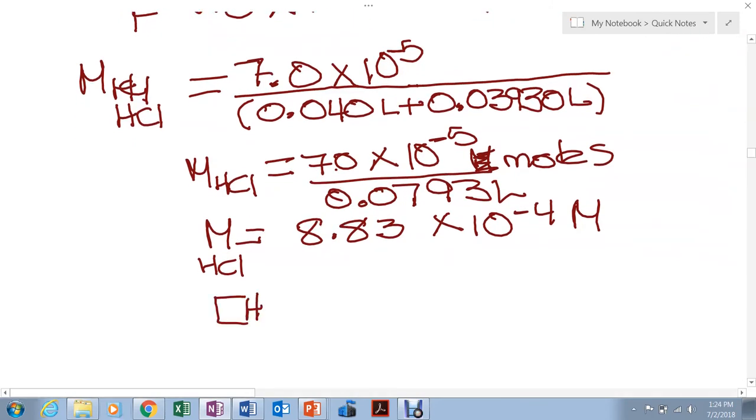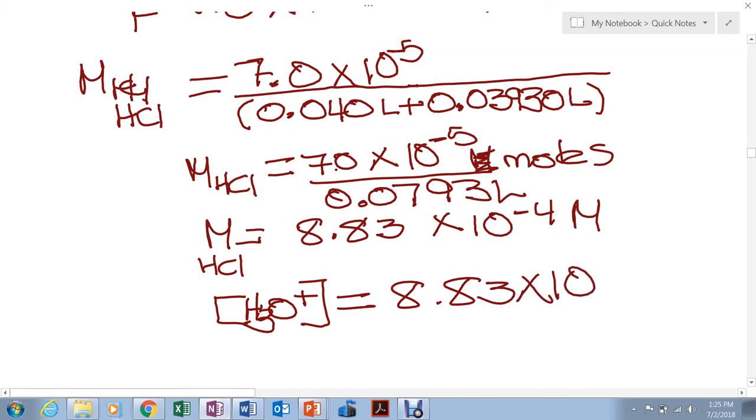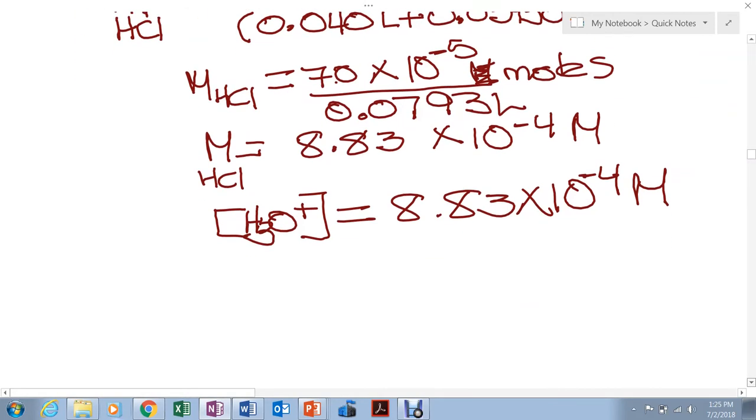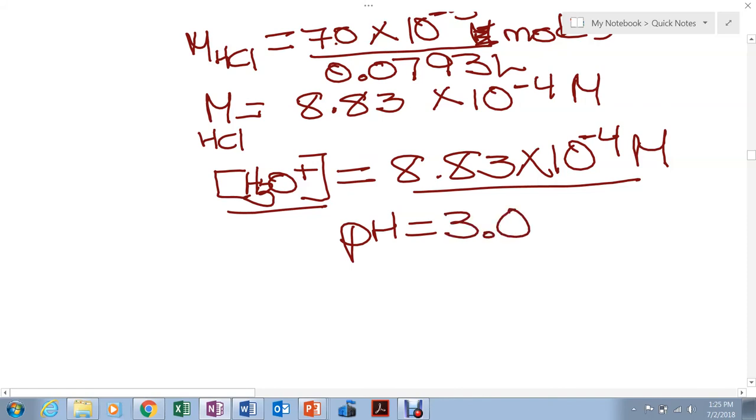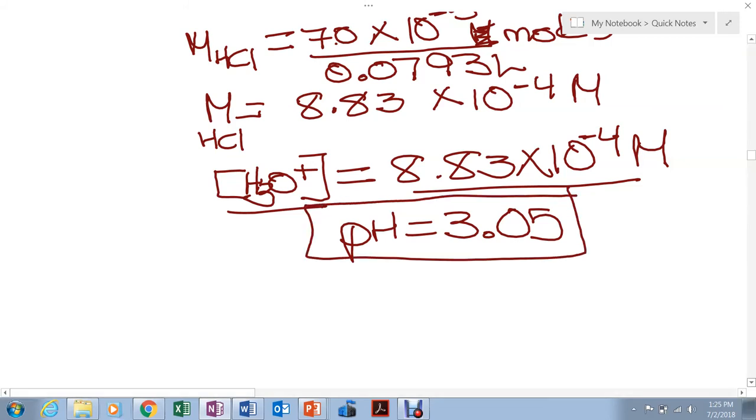And from there we calculate the pH: 8.83 times 10 to the negative 4 M. I'm guessing you already know how to calculate the pH, which is the minus log of this concentration. So this gives you a pH of 3.05. If you see, our pH is increasing with the addition of NaOH.